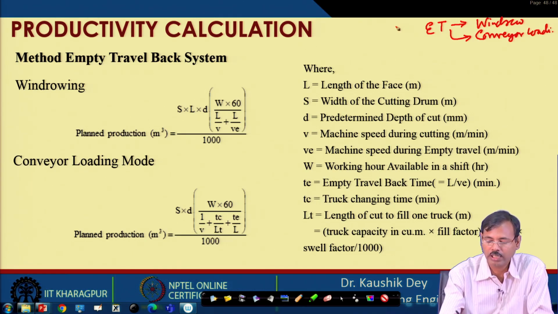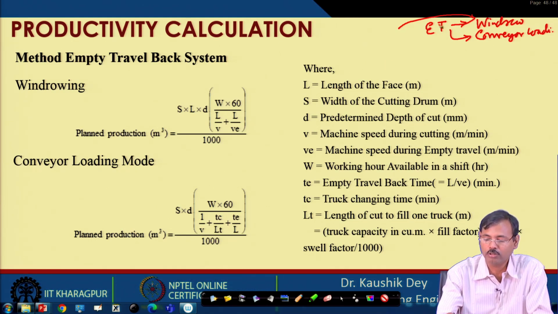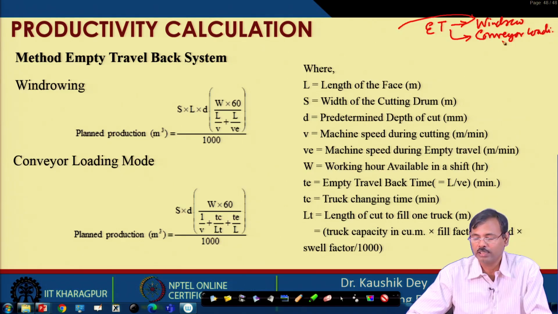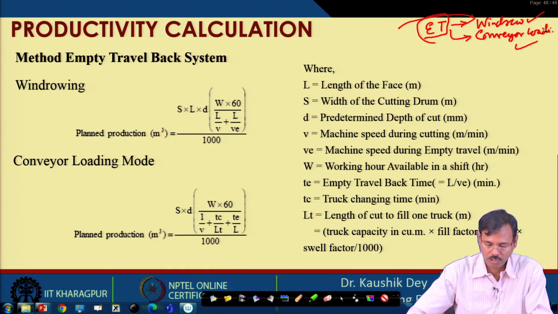We consider side casting as associated with windrowing, because conveyor loading additionally has the truck filling time and waiting time for the trucks, which are not there in windrowing. So side casting can be considered similar to the windrowing case. So, we are having the empty travel back operation system along with windrowing and conveyor loading.